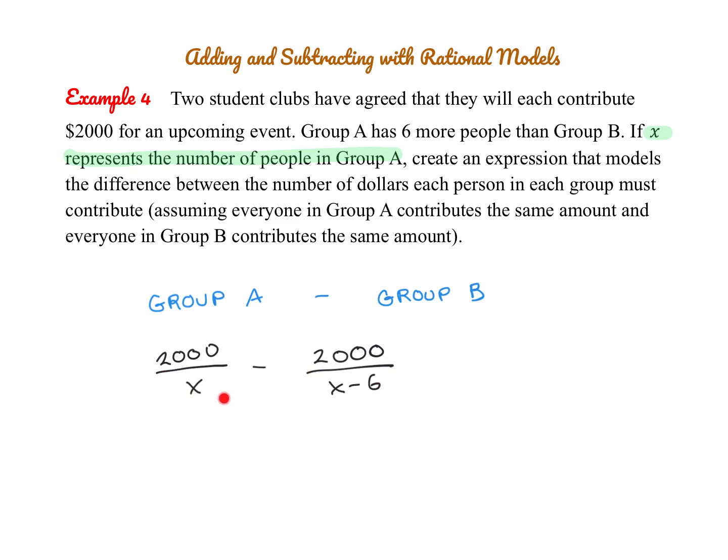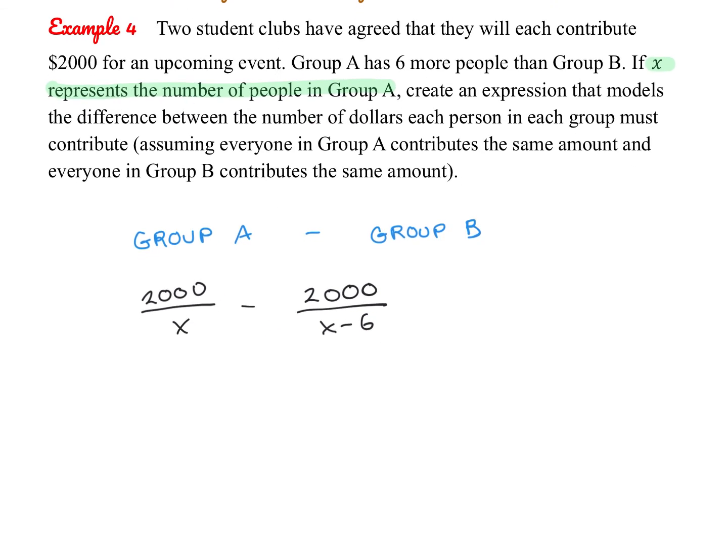And then we want the difference in these two. So we have 2 rational expressions that we can combine after finding and creating a least common denominator. So here our LCD is X times X minus 6. So we can see that here we're missing the factor X minus 6, and here we're missing the factor X.